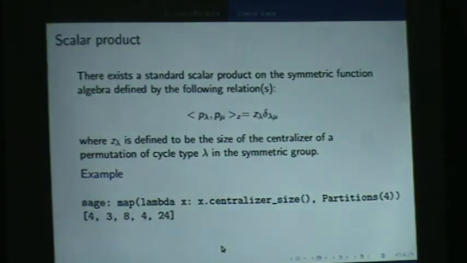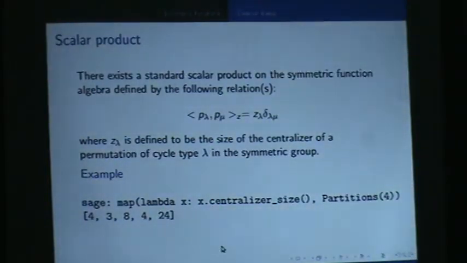So in Sage, here's a bit of functional-ish programming. What I do is I create the object corresponding to the partitions of 4, and then I run this map command. It takes each one of the partitions of 4, sends it into this function x, and then applies the method centralizer size.